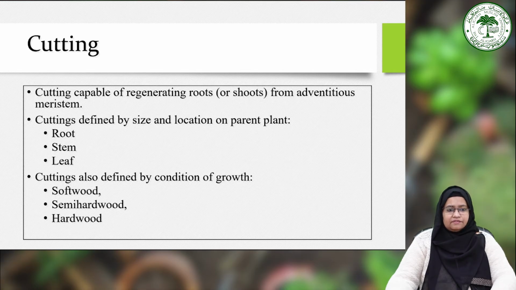Cuttings are also defined by the condition of growth, like softwood, semi-hardwood and hardwood. The technique is also characterized based on the type of stem the parent plant has, such as herbaceous cuttings for herbaceous plants, softwood cuttings for evergreen shrubs or conifers, and hardwood cuttings for deciduous and evergreen shrubs.